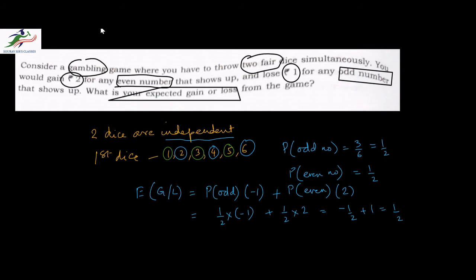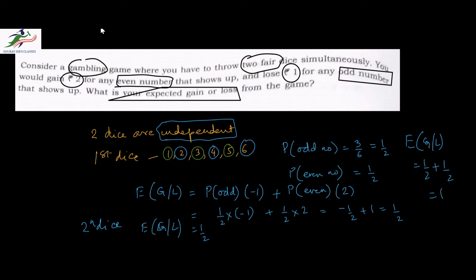Since the two dice are independent, there is no relationship between whatever the first die shows and the second die shows. So for the second dice also, the expectation of gain or loss would be half, exactly the same. So the overall expectation of gain will be half plus half, or 1 rupee. Rupees 1 gain.